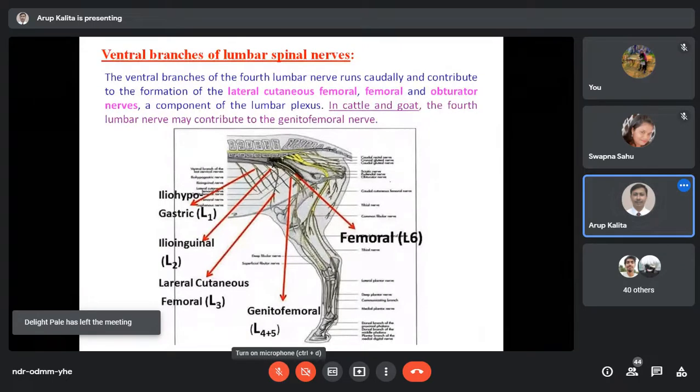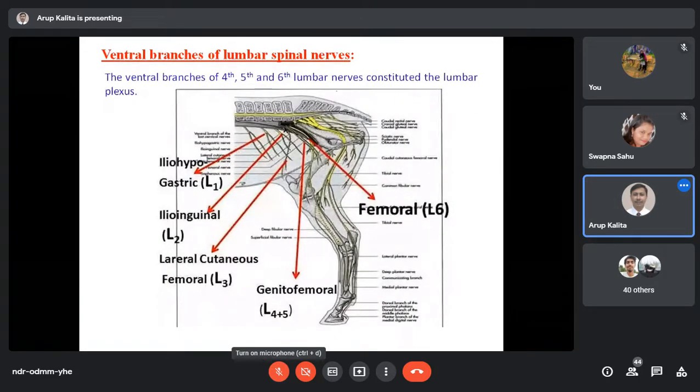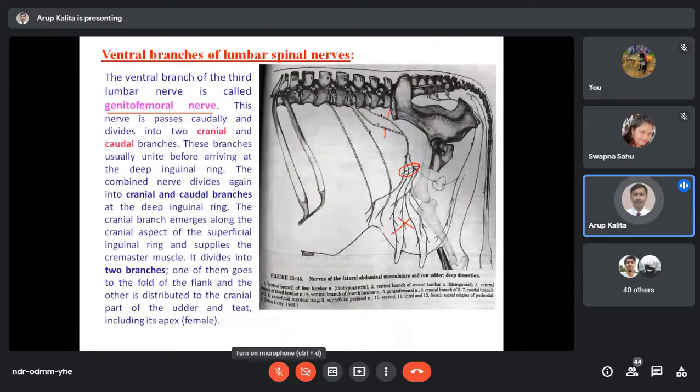Now, this is all I told you about the first, second, and third. First is iliohypogastric, second is ilioinguinal, third is genitofemoral.